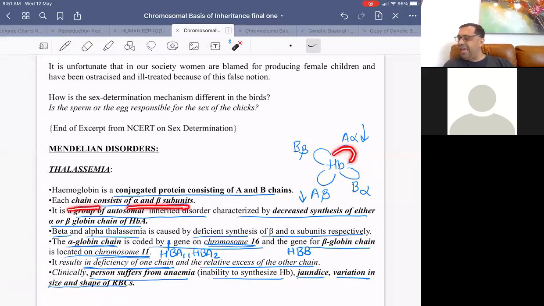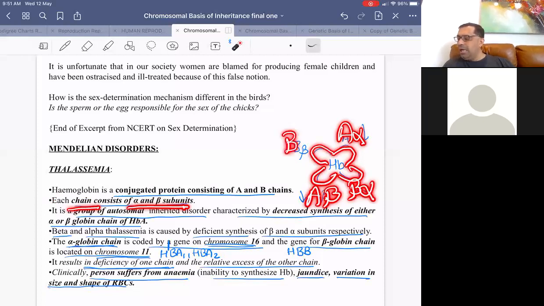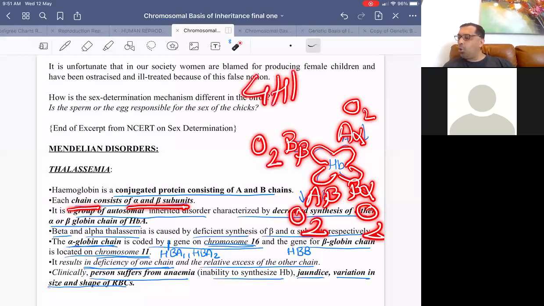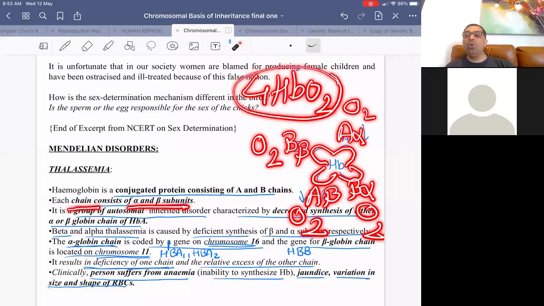So we have A alpha, we have A beta, you have B alpha, and you have B beta. Each chain can combine with oxygen and will form 4HbO2, and oxygen carrying capacity of one hemoglobin is 4HbO2.